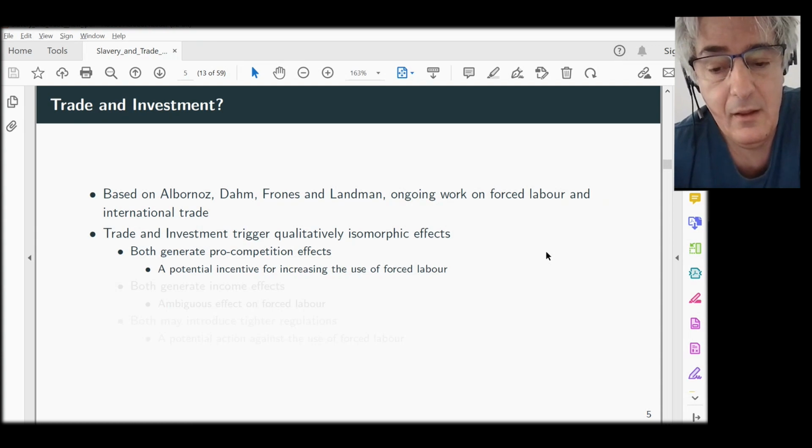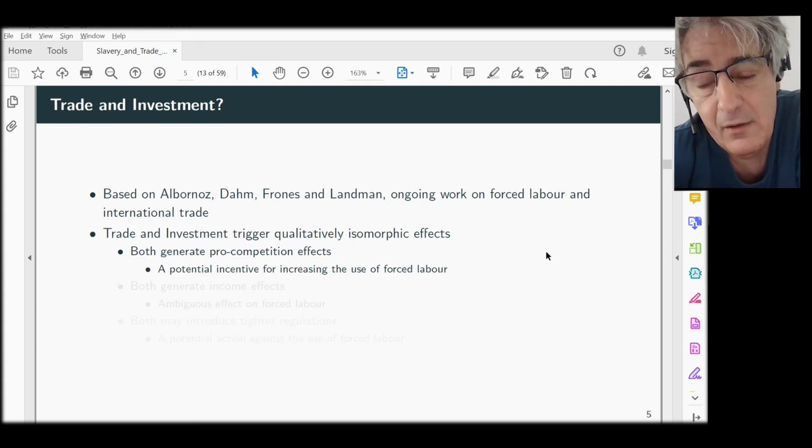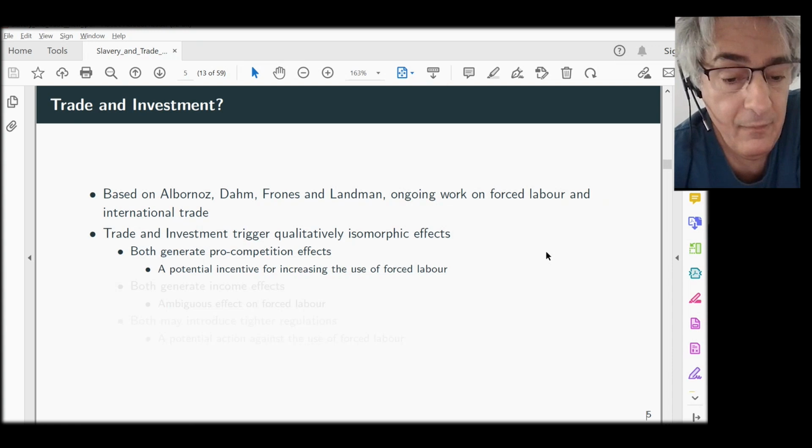So, this is something that we need to talk about, understand better, and this is perhaps behind the idea that globalization is a problem if we want to fight this particular form of modern slavery.